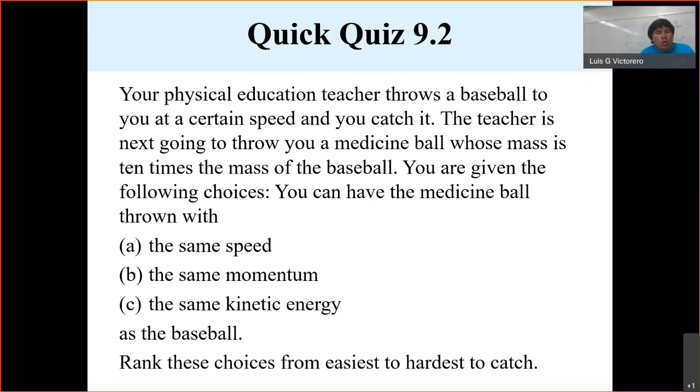So if you have a medicine ball that is 10 times the mass and you throw it with the same speed as the baseball, it will be very hard to catch. It will actually hurt. So the same speed will be the hardest. So then you are left with momentum and kinetic energy. Which one will require the least amount of effort to stop it, right?